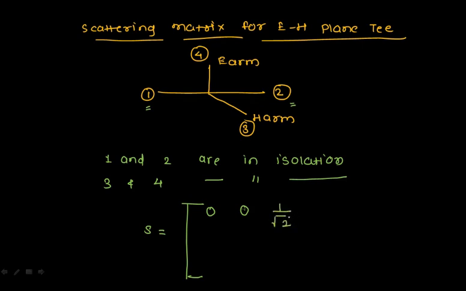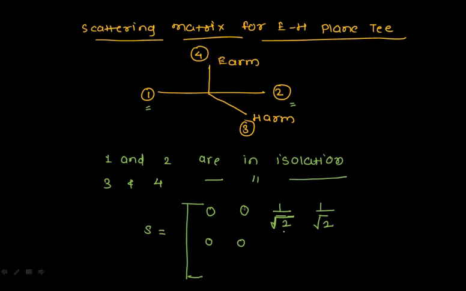In terms of the power, it will be half, but now this is a coefficient, not the power component, and that's why it will be 1 by root 2. Okay, if you give to 1, half will go to 3 and half will go to 4. Similarly S21, S22 will be 0, 0.